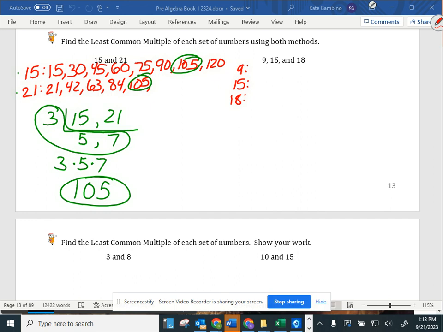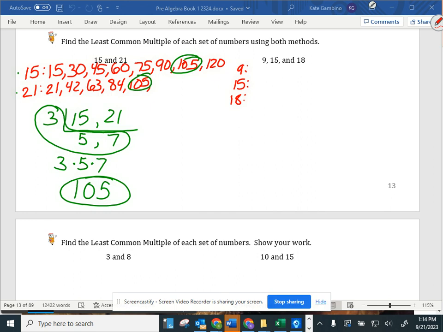Yep, 105. Thank you, Addie, for confirming it. That's how I got it. Because we were using calculators, we could do 3 times 5 times 7, and it comes up easier with the calculator than having to write it all out. So calculators are fine unless it's an objective where I say no calculator for this objective.